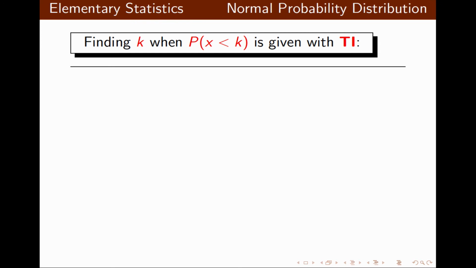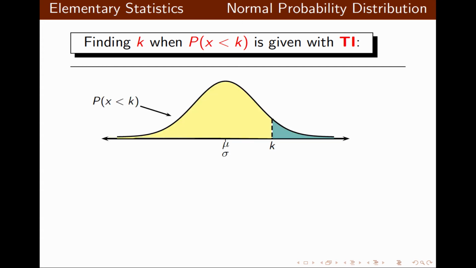Now it comes a time that the probability is given and we need to find the value that gives us that probability. And how do we do that with TI? So if the probability of x is less than k, that means the left area is given. We want to figure out what k is that gives us that area.